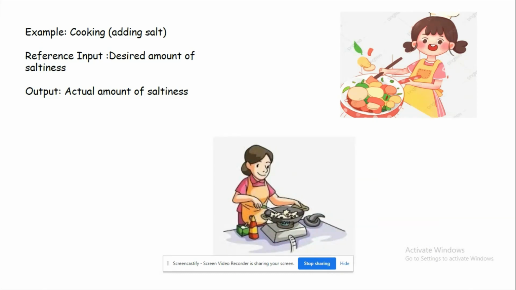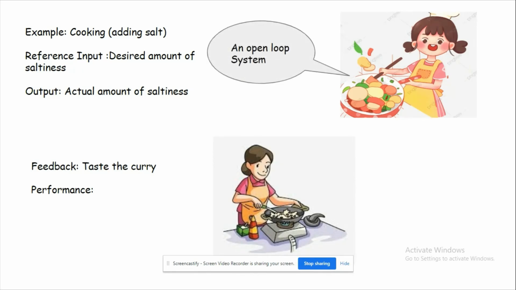Next, her mother comes and tells her to taste the food and adjust the salt level according to it. Now, can you identify which is an open loop control system and which is closed loop? Well, this is the open loop system and this one is closed loop.